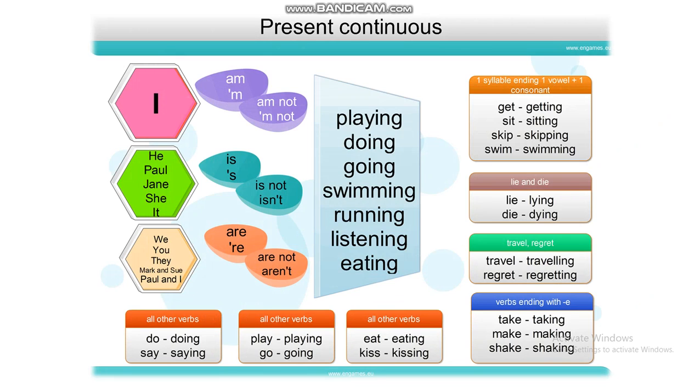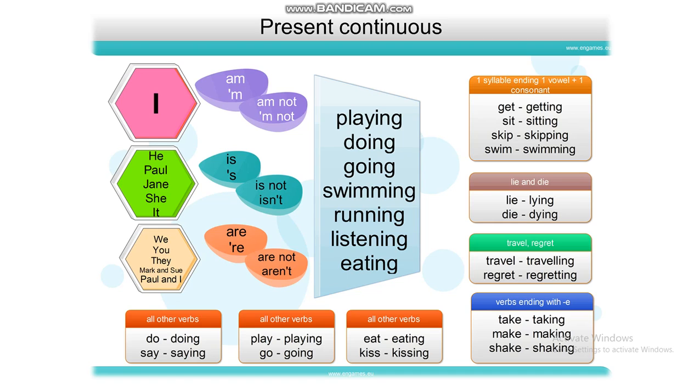So for the first table up there, here is the CVC rule. We have the consonant, vowel, consonant. We double the last letter: get, getting, sit, sitting, skip, skipping, swim, swimming, as you can see. As for the verbs that end with IE, like lie and die and tie, we cross the IE and we add ying.